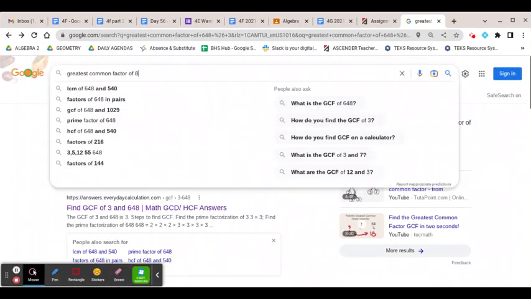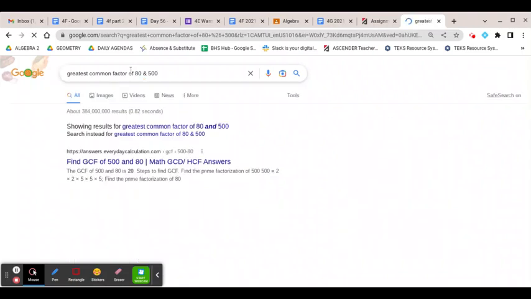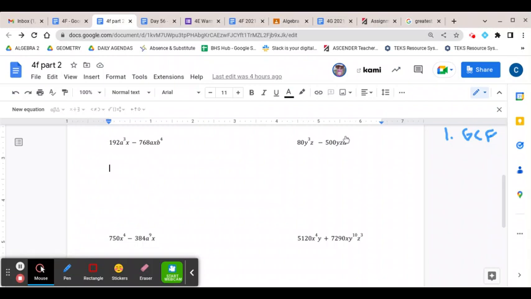The greatest common factor of 80 and 500 is 20. This everyday calculation seems to be a pretty cool website right there. All right, so we'll pull out a 20.